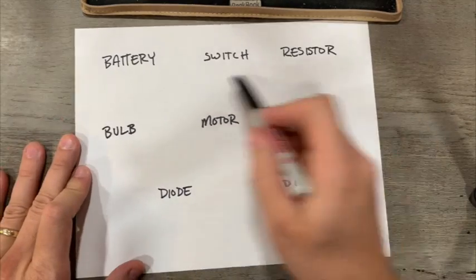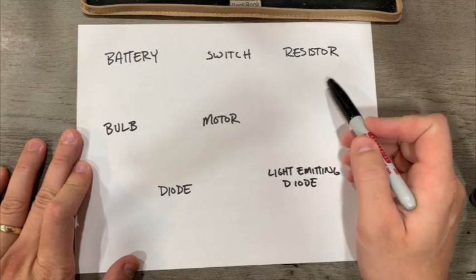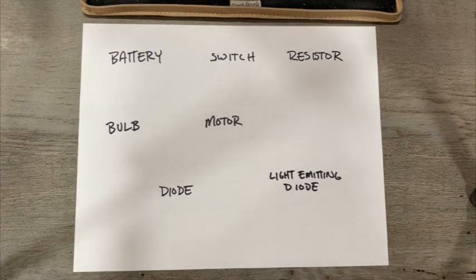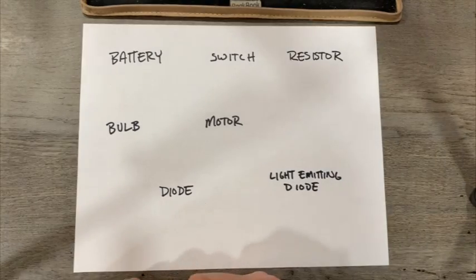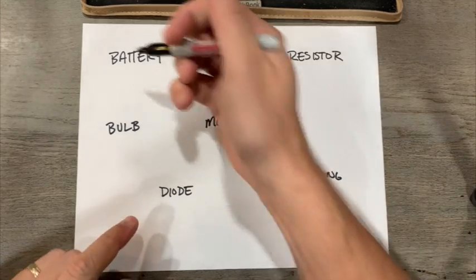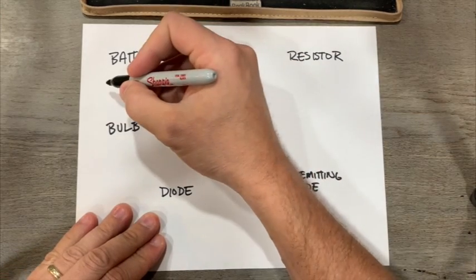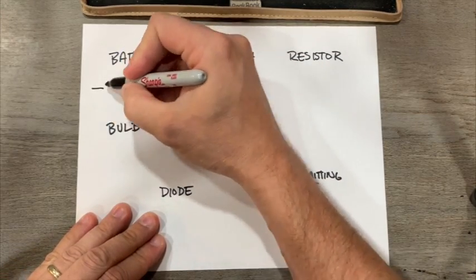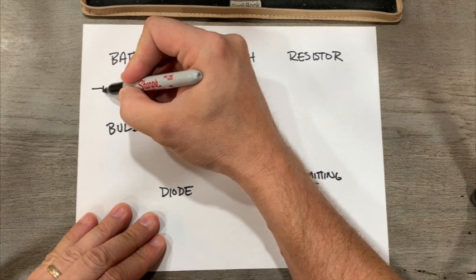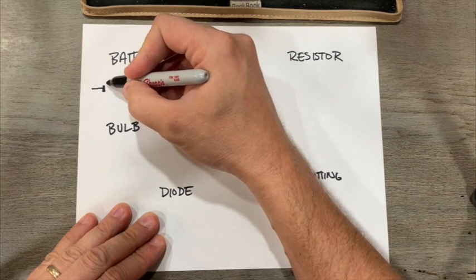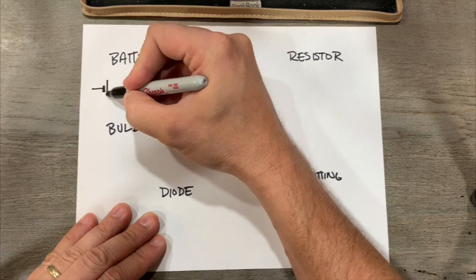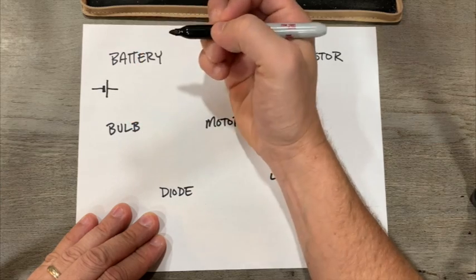Okay, here is a list of the symbols that we are going to learn, and I'm going to show you now. So we'll start over here, first one with the battery. When we draw a battery, they look like the line coming in, and then from the negative side, you'll have one line there, and then a parallel long line for the positive.